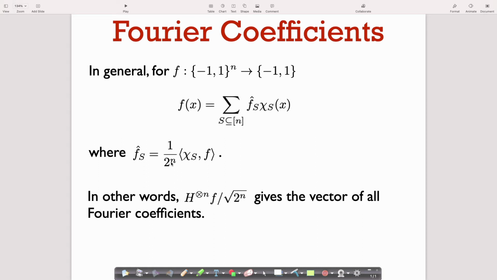So basically, to get all these Fourier coefficients, you can just multiply f by the Hadamard matrix of the appropriate size, and with this appropriate normalization. So basically, we just multiply f by a Hadamard matrix, with a different normalization, and that gives us this vector of all Fourier coefficients.